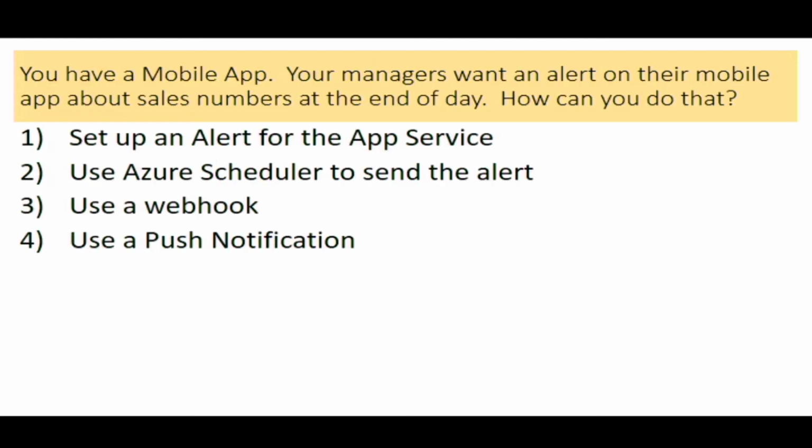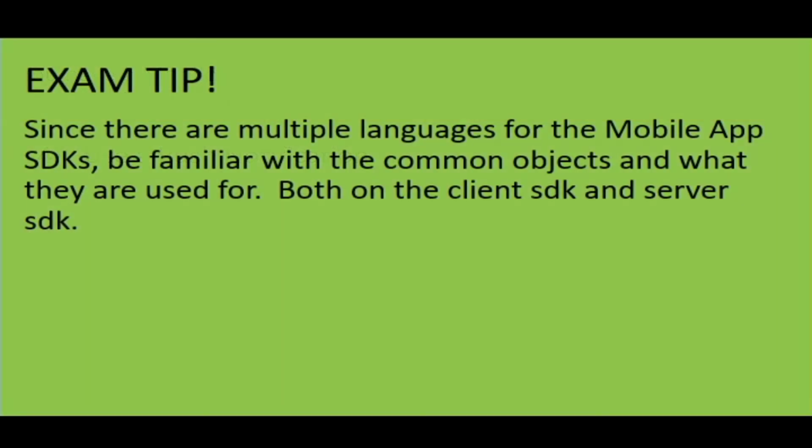I won't go through these on your own, but since there are multiple languages for the mobile app SDKs, be familiar with the common objects. Look at the SDKs and the objects and what they do. You may not have to learn how to write one in iOS or Objective-C or Node.js or the Cordova Apache, which is JavaScript.